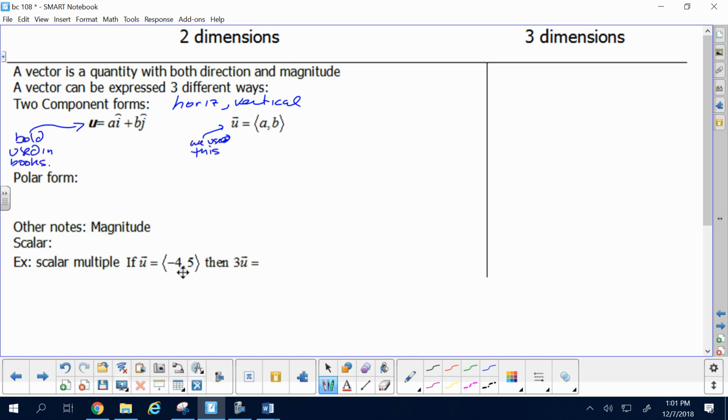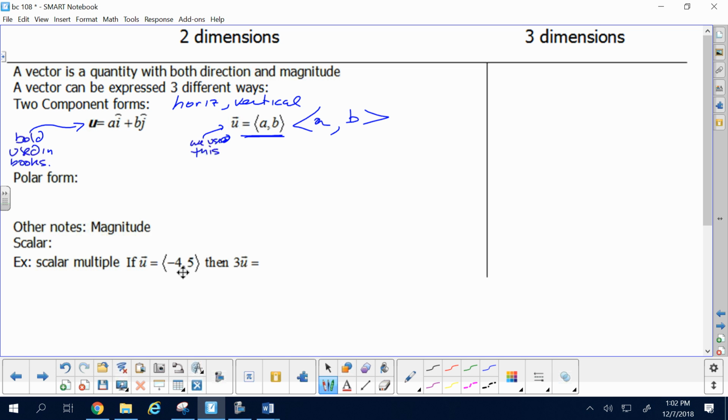The horizontal and vertical components can be broken into i hat and j hat, or vector i and vector j, where i is 1 unit horizontally and j is 1 unit vertically. I personally prefer this pointy form that shows horizontally a and vertically b, because it's less writing than i hat and j hat. So when I do component form, I typically use this notation.